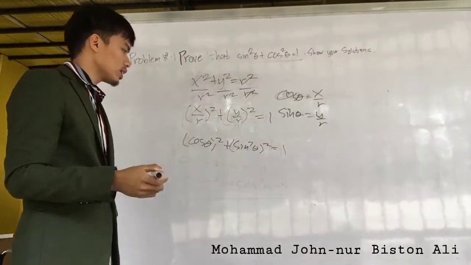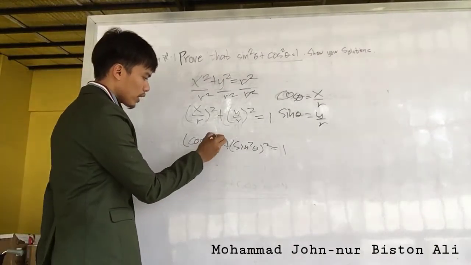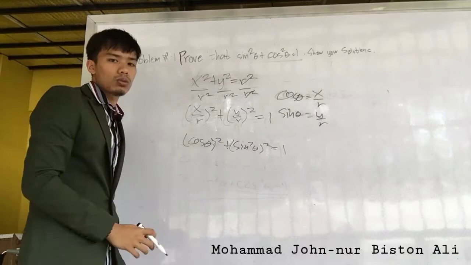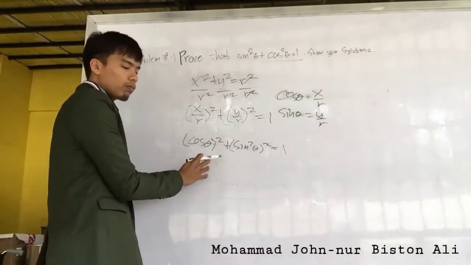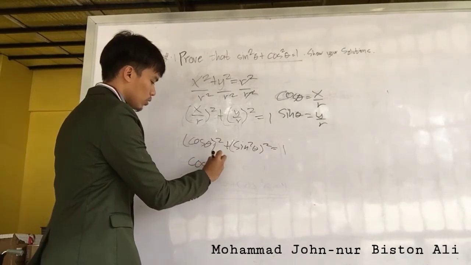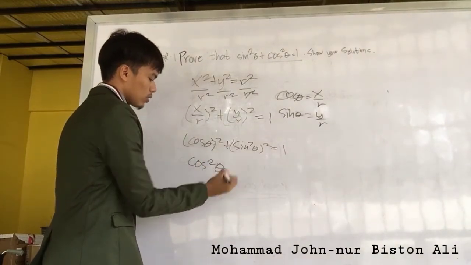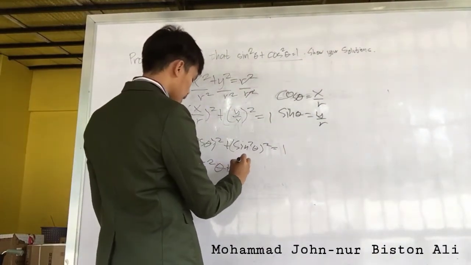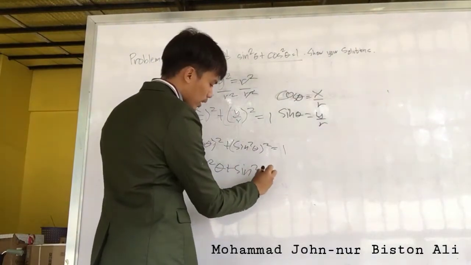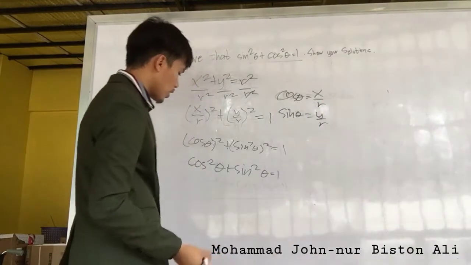Then you know that we cannot use this notation, so we're going to remove the parentheses. Cosine to the power 2 theta plus sine to the power 2 theta is equal to 1.